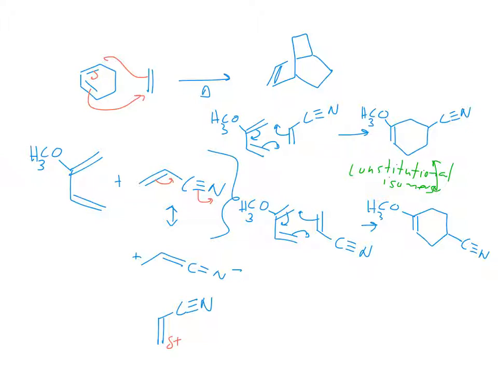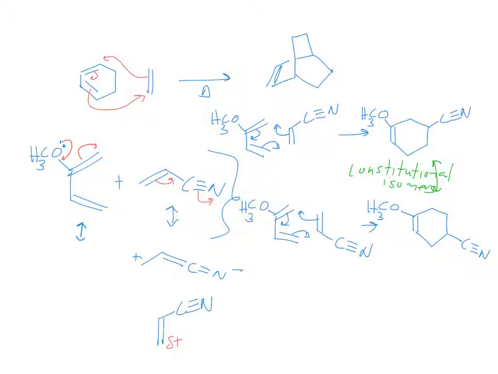Okay, so let's look at the diene now. What is this methoxy group going to do to the polarity of the diene? On one hand we think, oh, this is more electronegative, it's going to pull electron density away from it. But if we jump to that, we forget that oxygen has non-bonding electrons on it. So what oxygen tends to do in this arrangement is donate electrons like this.